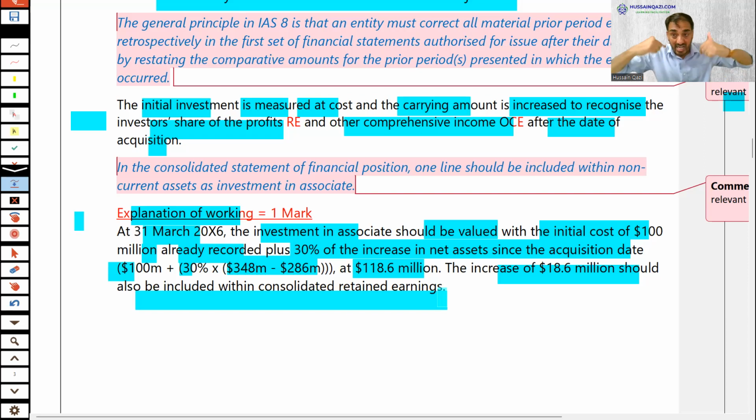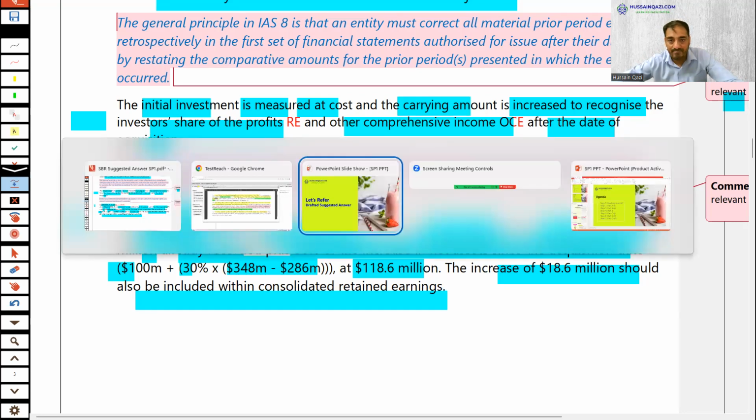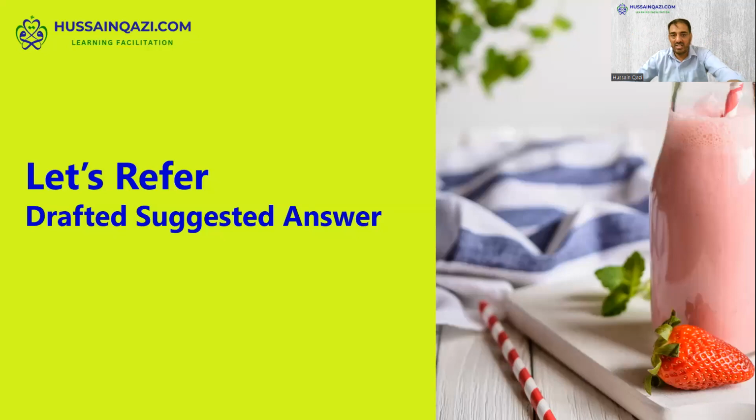So whenever you are attempting a calculation part of the question, bear in mind that the situation is not over here. The situation is not complete here. This adjustment will be reflected in the spreadsheet answer as well. So you have to bear this in mind. Okay, so that is all with respect to this part of the question.